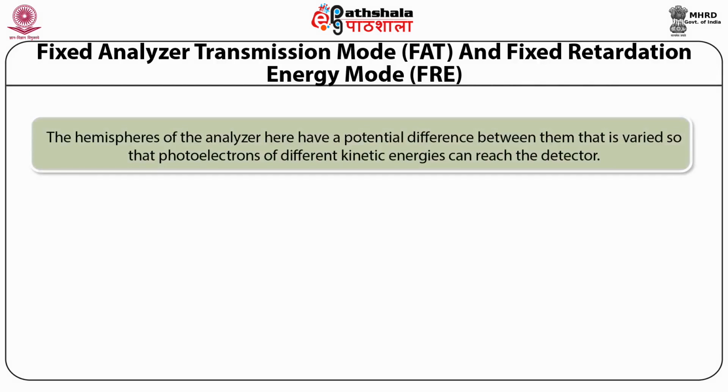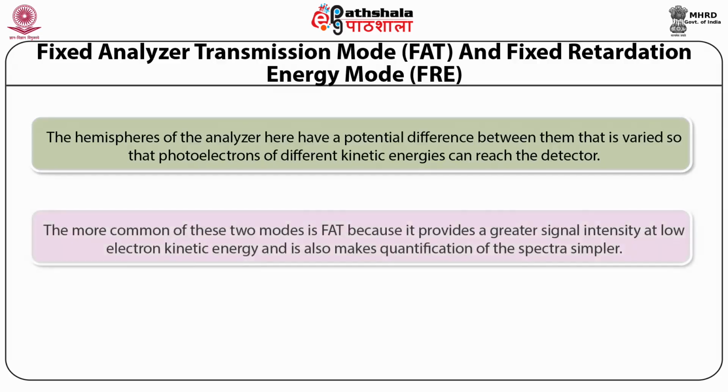This potential difference is varied so that the photoelectrons of different kinetic energies can reach the detector. The more common of these two modes is the FAT because it provides a greater signal intensity at low kinetic energy and also makes quantification of the spectra simpler.